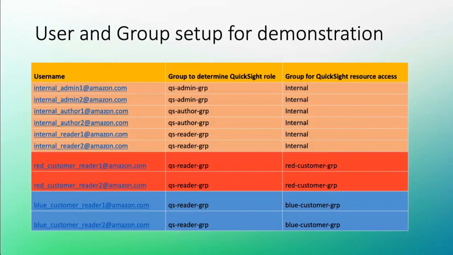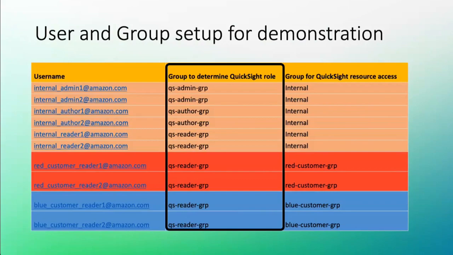So this is the setup we have done. The application owner, within that particular ISV organization, can have author, reader, and admin personas, while for the end customers, you can have a reader persona. So here we are depicting the red customer group. We are making the users part of two groups. In the second column, you are seeing the QuickSight reader group that is pertinent to the role of the QuickSight users.